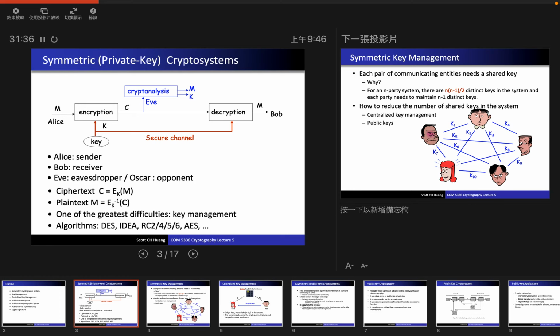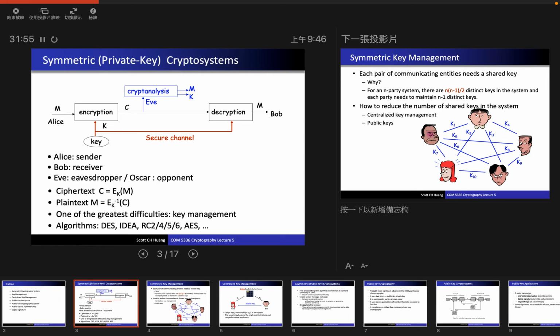The other thing is it's usually not very efficient because it uses really large numbers. The performance of a public key algorithm is usually much lower than symmetric key. The difference is huge.